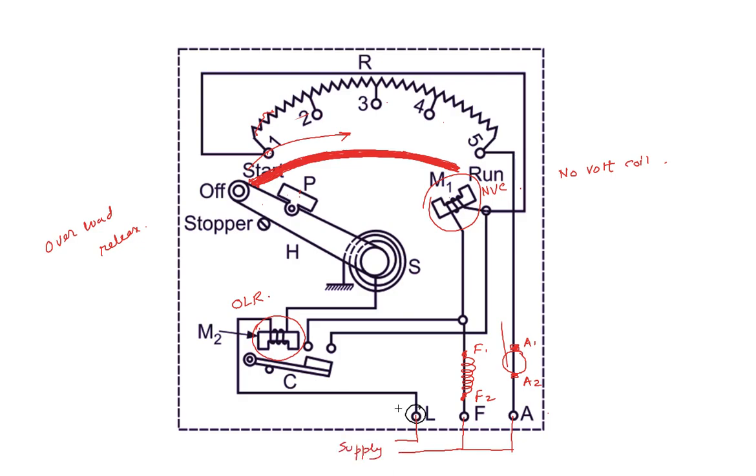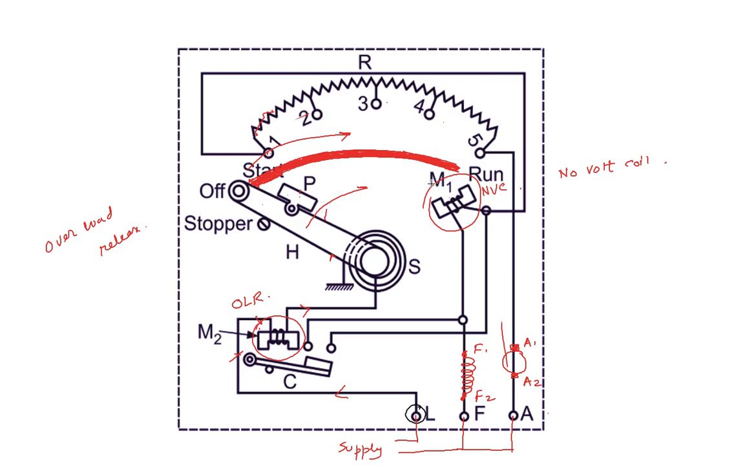So when it is supplied, this OLR is activated, and this coil is also activated. Now we move this handle over here, and this soft iron piece is stuck to this M1. When we give the supply, initially the direction of the current is in this direction.